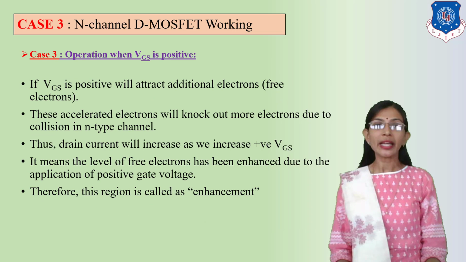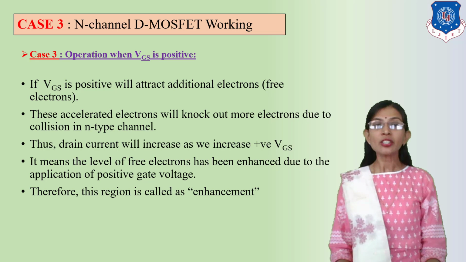Now let's discuss the N-channel D-MOSFET working for case 3. If VGS is positive, it will attract additional free electrons, and these accelerated electrons will knock out more electrons due to collision in the N channel.